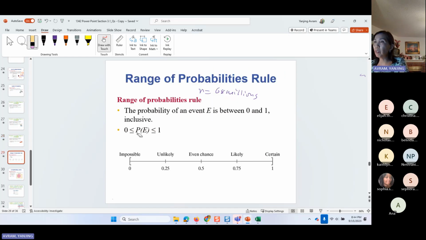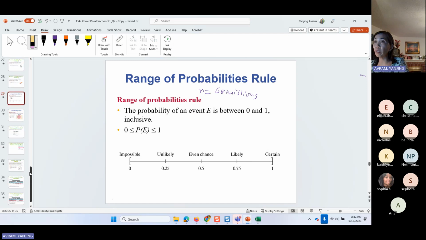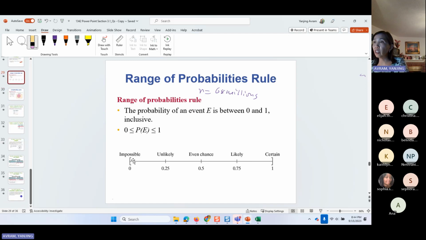As I mentioned earlier, probability is always between 0 and 1, okay? We don't use a negative number for probability, and we don't use anything more than 100%. So what does 0 mean? 0 means impossible, that nothing is going to happen. Anything less than 0.5 is unlikely, and 0.5 is the even chance, 50-50, you've heard of that.